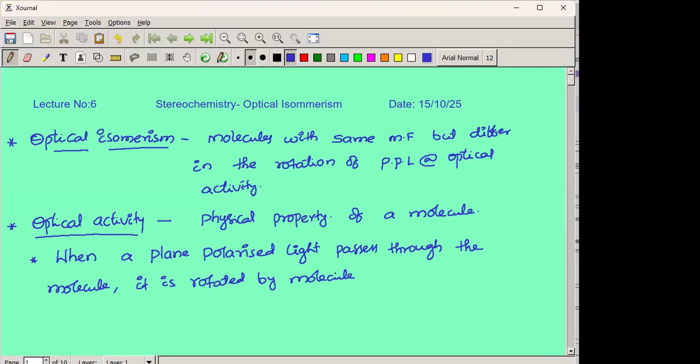The light is rotated by the molecule either clockwise, meaning right side, or anti-clockwise, that is left side.